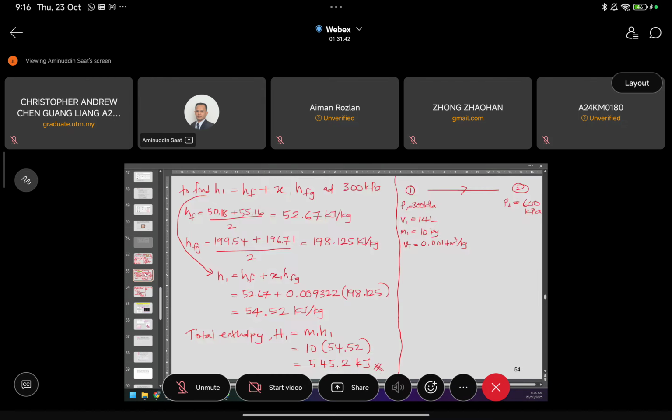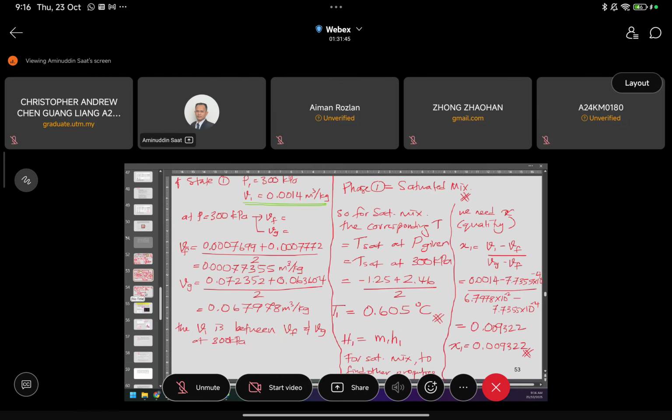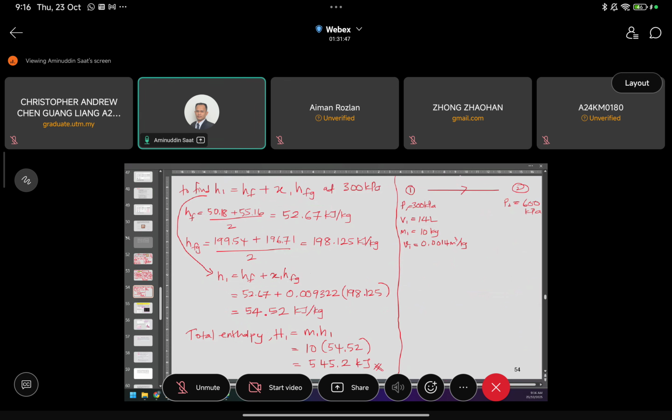Okay. So this is a heating. So you need another piece of information from the problem in order to define the phase, because for phase 2 we need to find what the phase is.